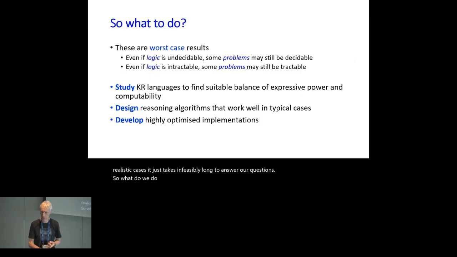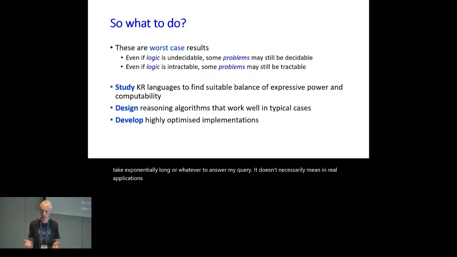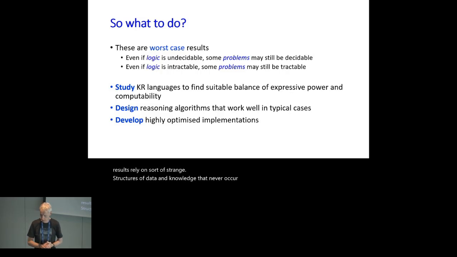Well, first off, we have to bear in mind these are sort of worst case results. So these complexity results show us that it could be the case that it would take exponentially long or whatever to answer my query. It doesn't necessarily mean in real applications that's actually what's going to happen, because quite often these complexity results rely on strange structures of data and knowledge that never occur in practical cases.